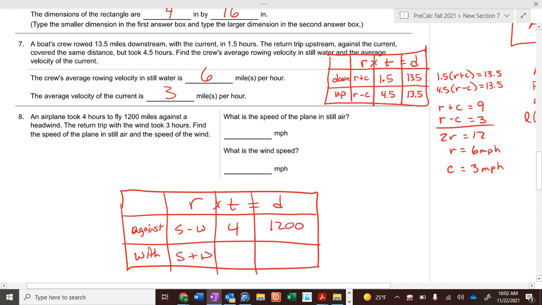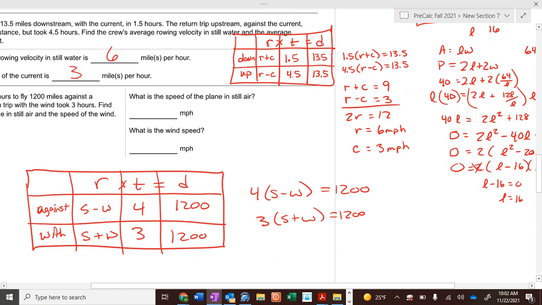Speed of the plane plus speed of the wind, 3 hours, 1,200. So 4 times S minus W equals 1,200. 3 times S plus W equals 1,200. If I divide by 4, 1,200 divided by 4 is 300. So S minus W is 300. S plus W equals 400.